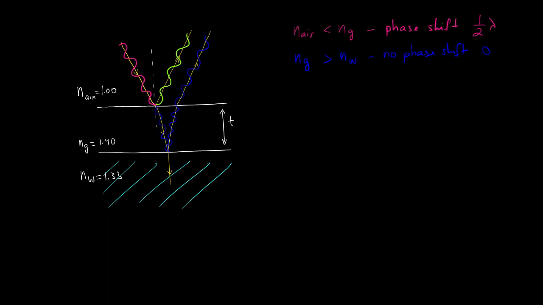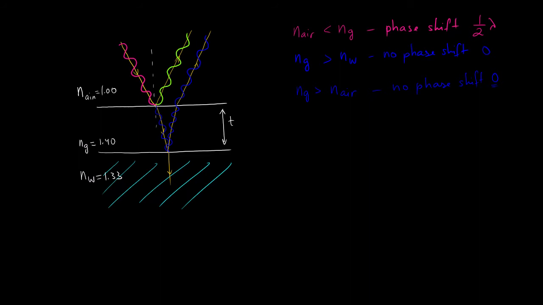Now the light reflected from the water-gas interface strikes the gas-air interface, where n_gas is now greater than n_air, which means there is no phase change again, or shift. So let's put a 0 here.